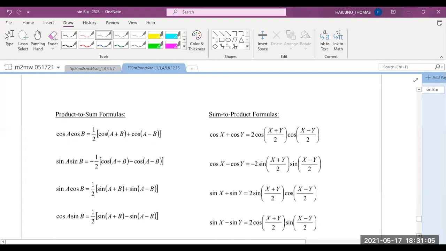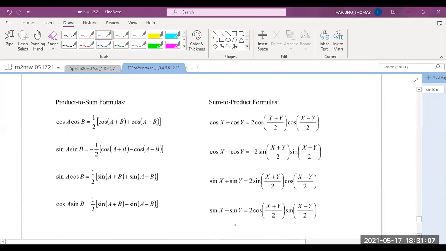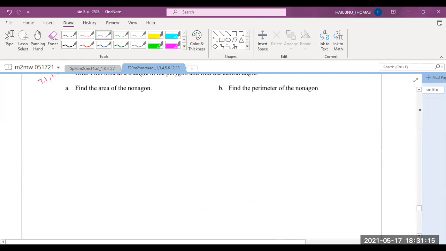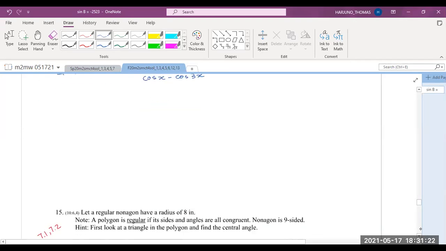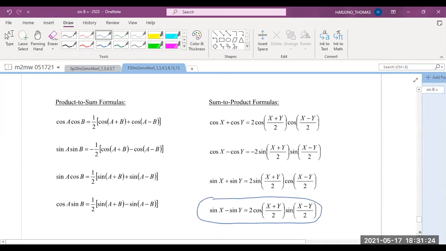Sine minus sine, sine minus sine, this is the formula. The top one is sine minus sine, the bottom one is cosine minus cosine. Cosine minus cosine, this is the formula. So I will just apply this right now.